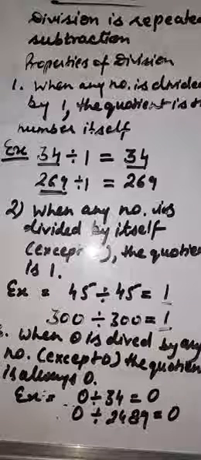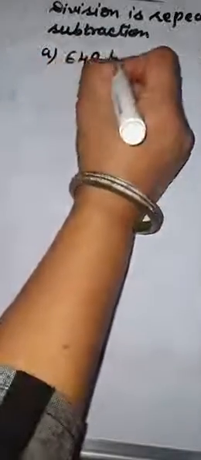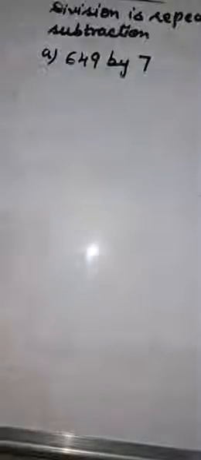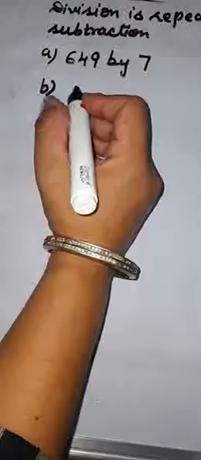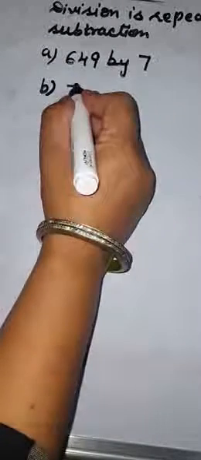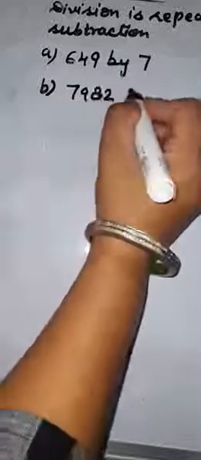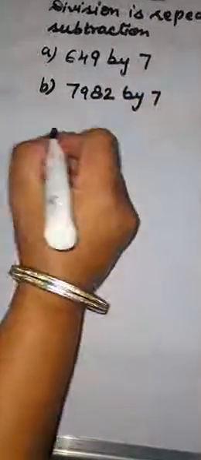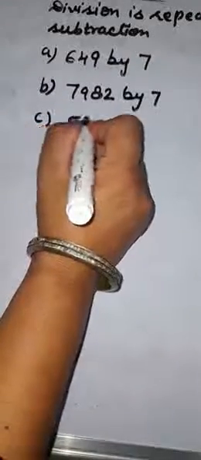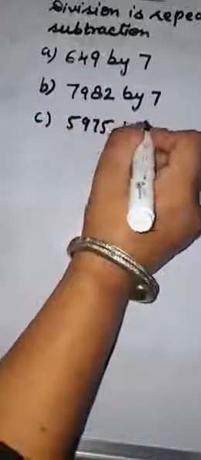Okay, children, let's take some examples of division questions. Here I'm taking 3 examples. The first is 649 divided by 7, another one is 7982 divided by 7, and the third one is 5975 divided by 14.